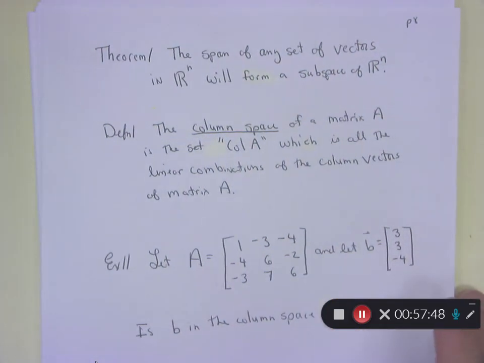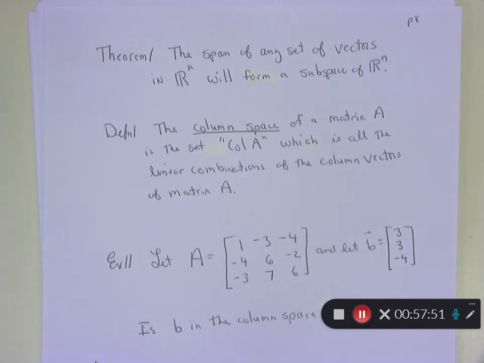So you now have it for free that the span of any set of vectors will form a subspace, because we just proved it. Since I proved it in class, you don't have to prove it anymore. Just remember these words. When I give you vector 1, 2, 3, vector 0, 1, 1, vector 4, 5, 6, whatever, the span of those vectors will form a subspace.